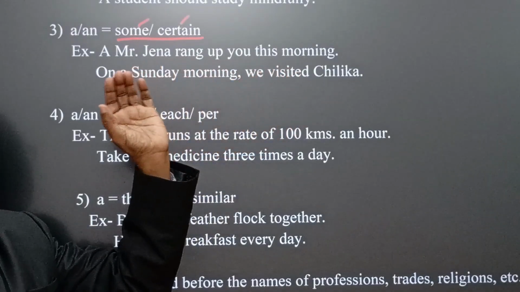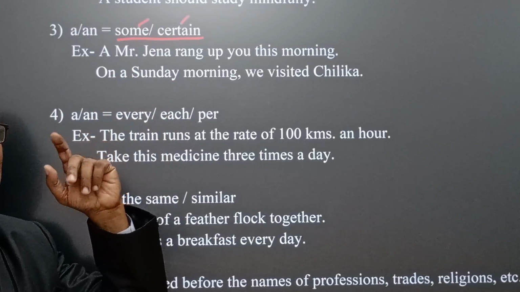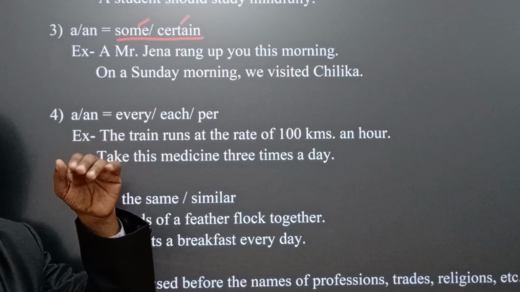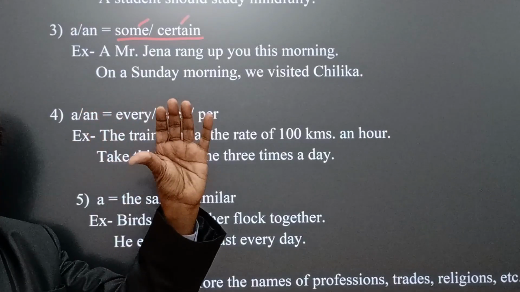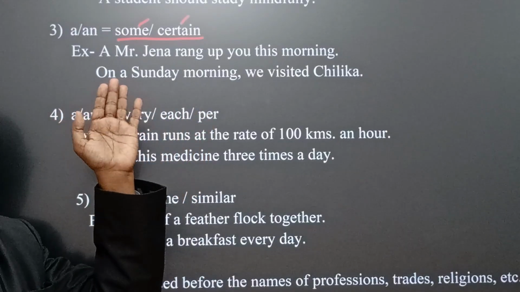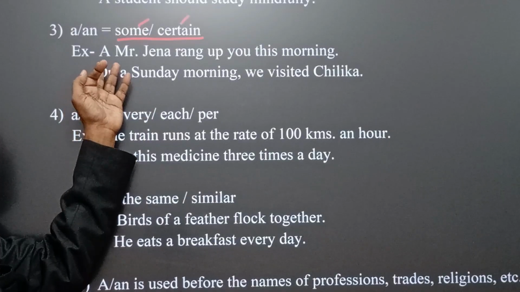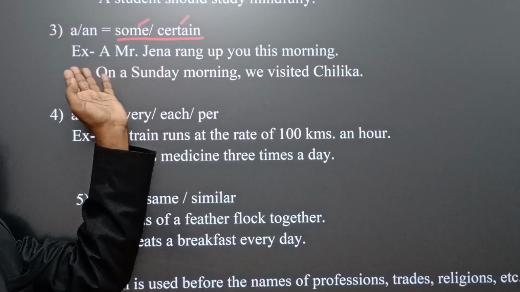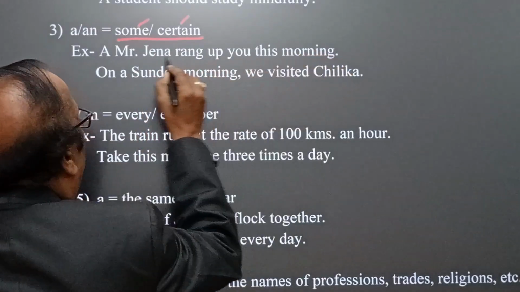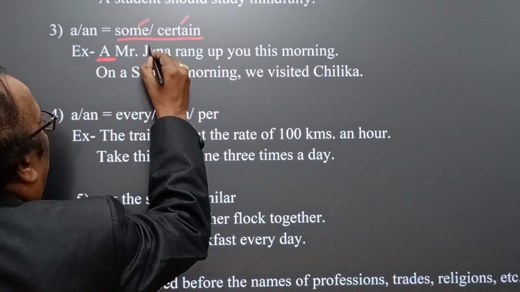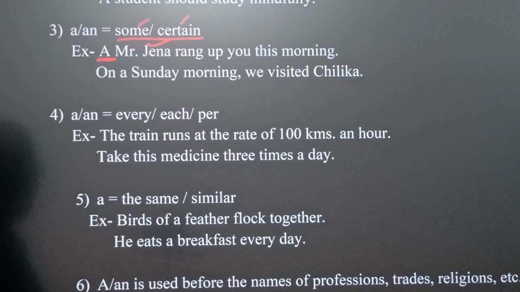Yes, some Mr. Jena. Here the speaker is not sure about the real name of the person, and here the title is some Mr. Jena. A Mr. Jena rang you up this morning. You see, a Mr. Jena means some Mr. Jena.